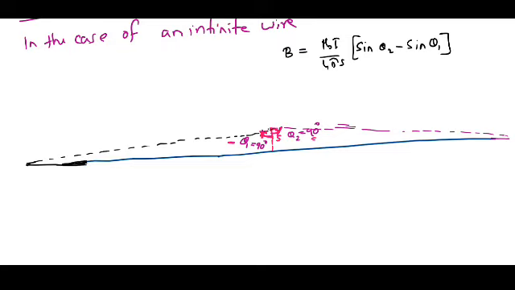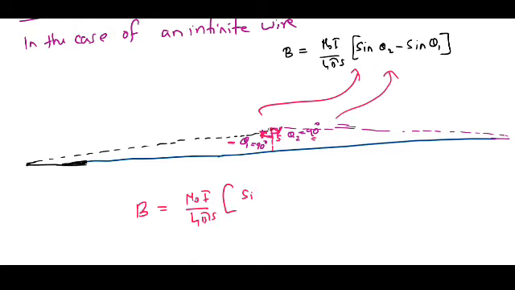Then if you substitute theta 1 and theta 2 in this expression, the magnetic field due to an infinite current carrying wire is given by mu 0 I by 4 pi s into sine theta 2, which is sine 90, minus sine theta 1, which is sine of minus 90 degrees. The sine of minus 90 degrees is nothing but minus sine 90. This minus and minus become plus.